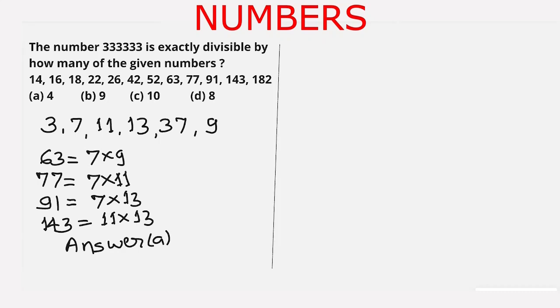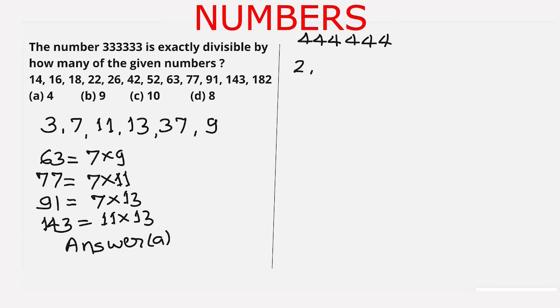For extra knowledge, if this question had been for the number 444444, then how many of these would divide this number 444444? As it is an even number, it is divisible by 2.